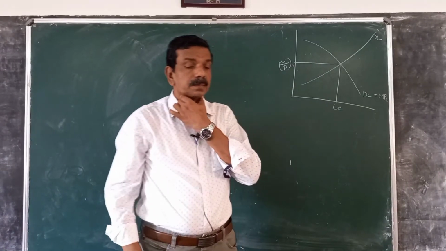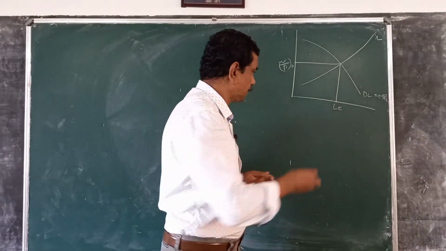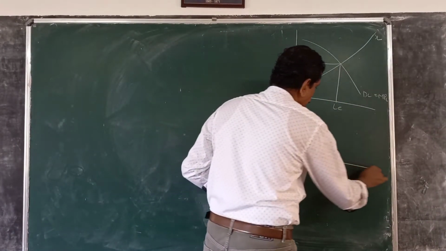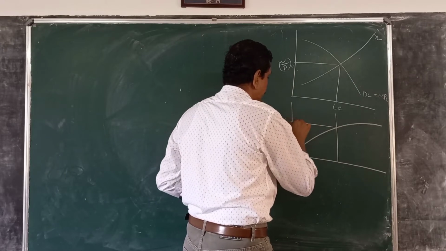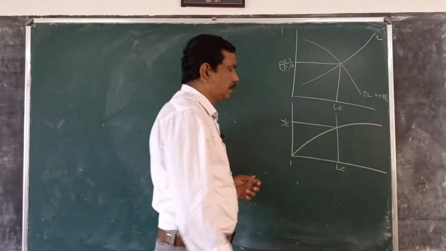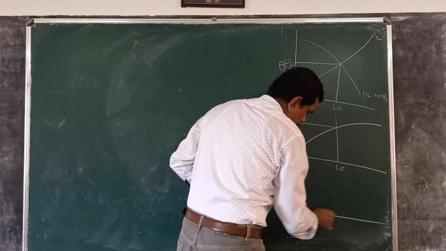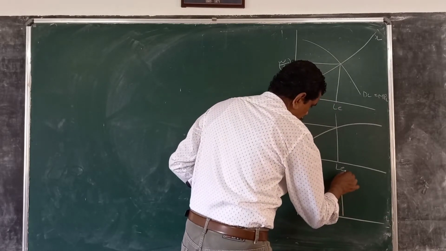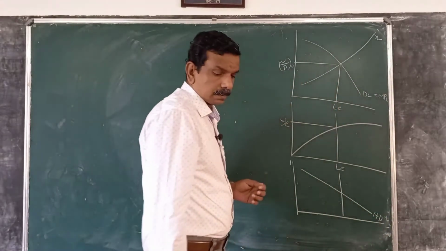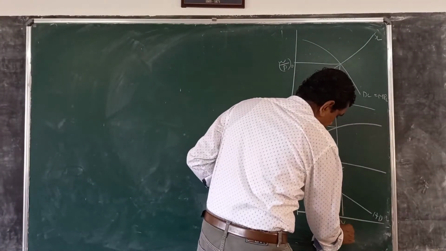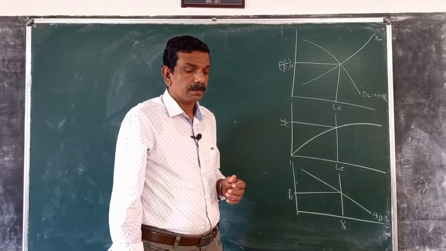And from the production function, the equilibrium level of output is YE, LE, and aggregate supply corresponding to the equilibrium level and aggregate demand determines the level of income Y0 and corresponding price P0.